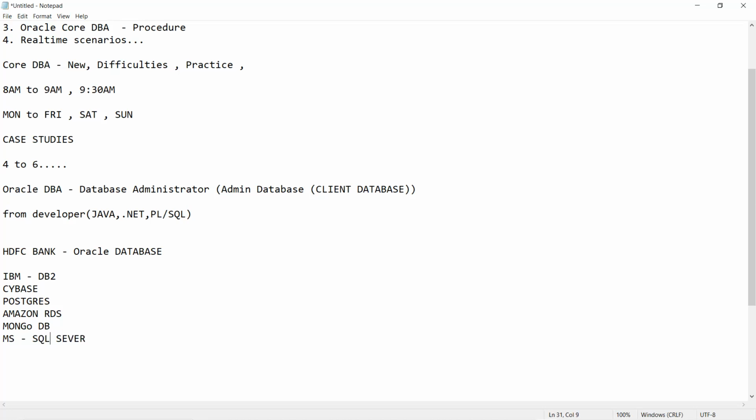These are different databases developed by different organizations. So in the world itself, you have this many databases.